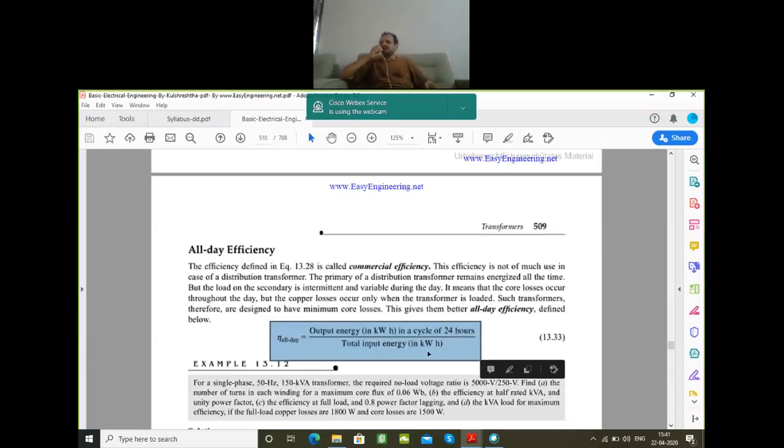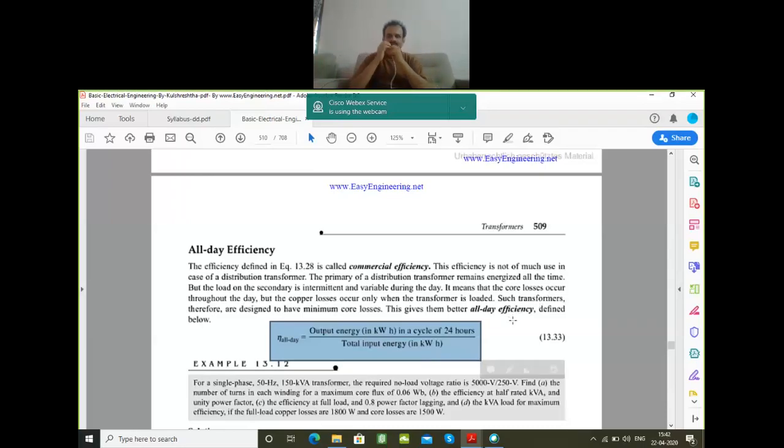In a transformer used for supplying electricity to your house, how much output energy you consume in 24 hours, divided by the total given at the input of the primary, that is the efficiency. Usually it will be 98 or 99% because it is a very big transformer placed at the roadside and streets.